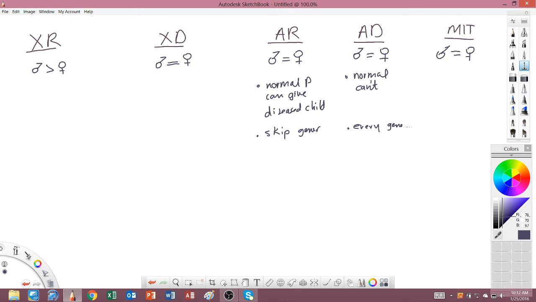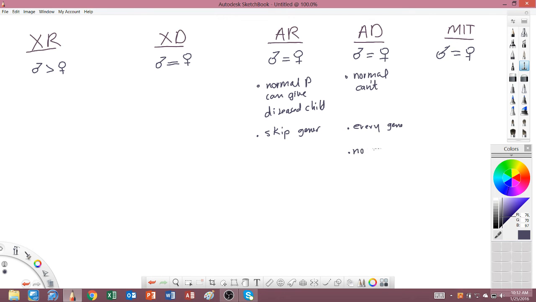For autosomal dominant, what do you mean by normal parents? If parents have no disease, they cannot give it to their children. You need one copy. You either have that single copy or you don't. If you do, you're going to express the disease. So there is no carrier state in autosomal dominant.